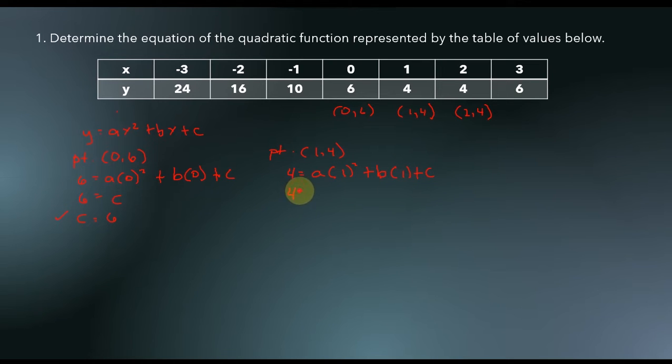So this is 4 equals 1 squared is 1 times a, b times 1 is b, plus c. And this will be your first equation. Let's name this equation 1.